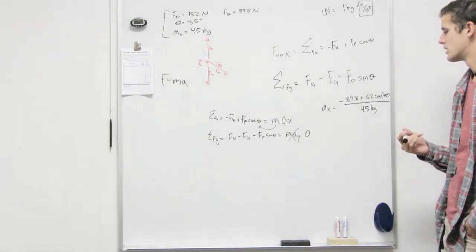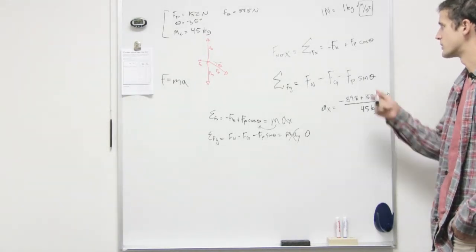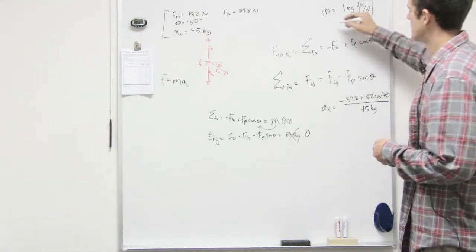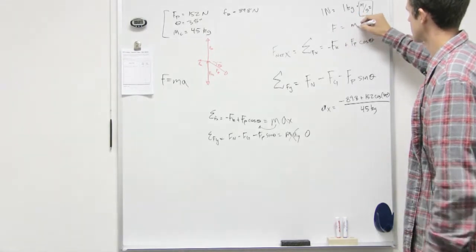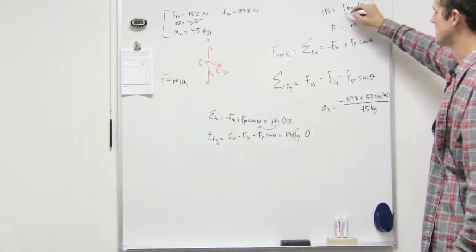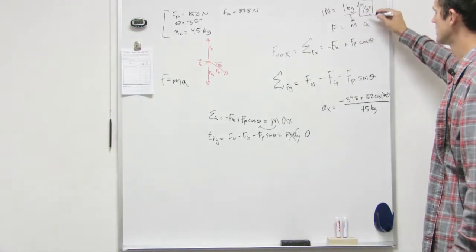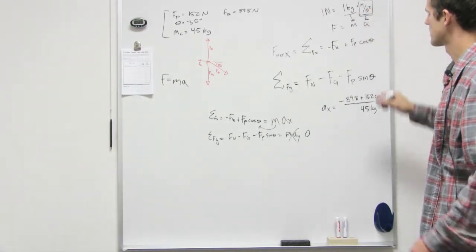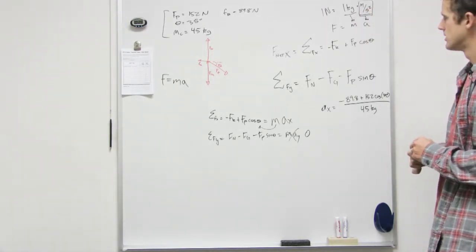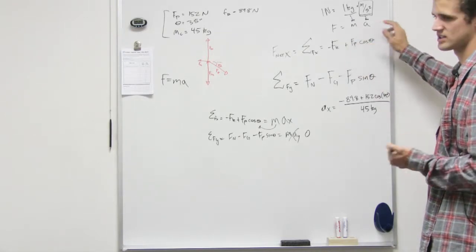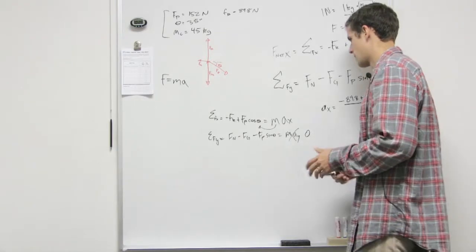Okay. And it's just because of this. You can see force equals mass times acceleration. So the units of mass are kilograms, and the units of acceleration are meters per second squared. So force equals mass times acceleration. That's how it works.